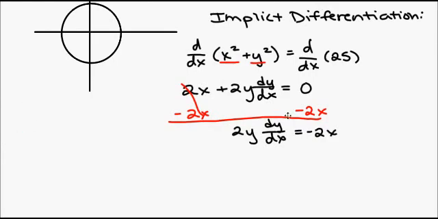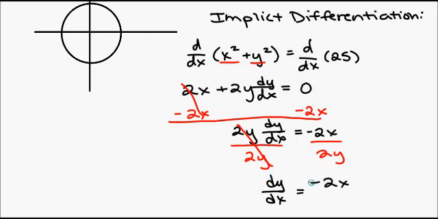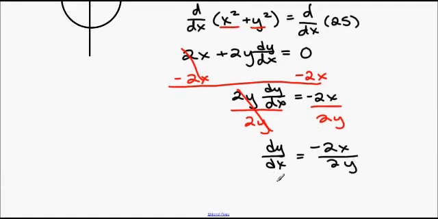To get this by itself, we're going to divide by 2y. So dy/dx equals negative 2x over 2y. But you know that you can cancel, so we get negative x over y.